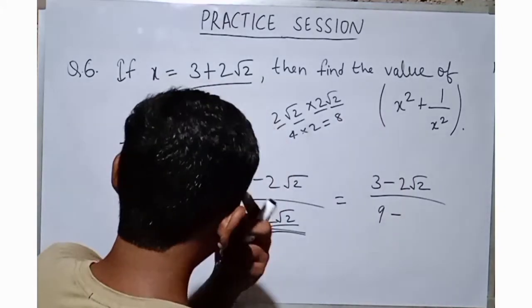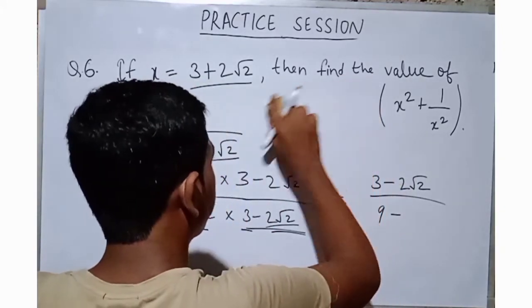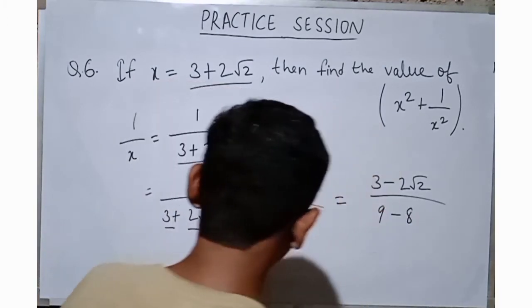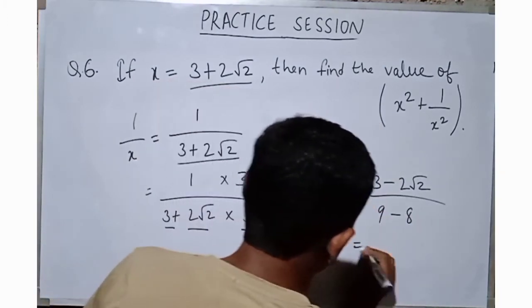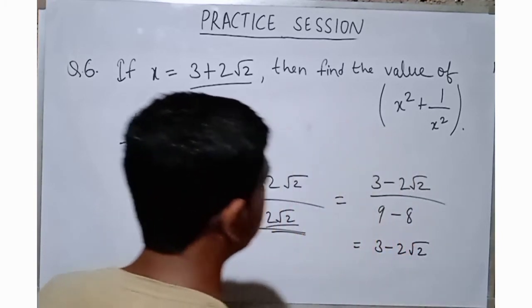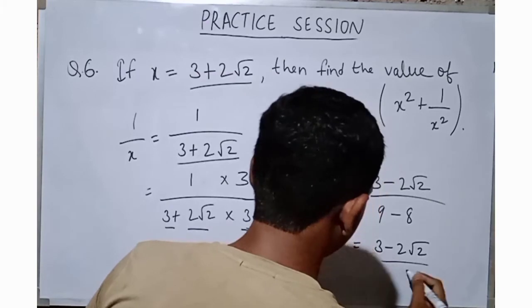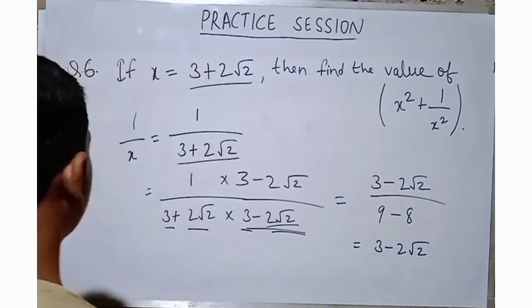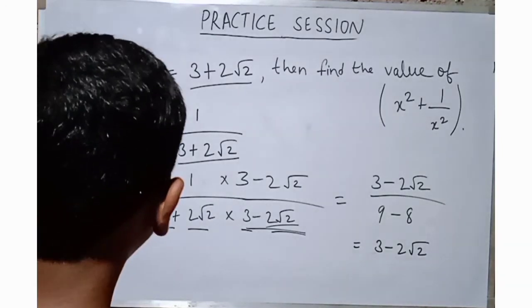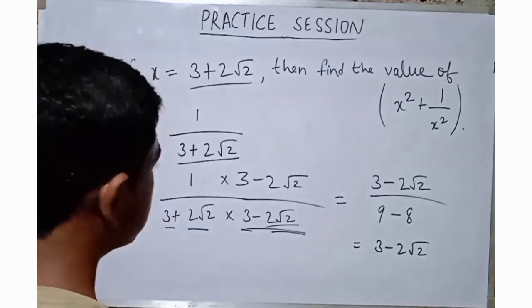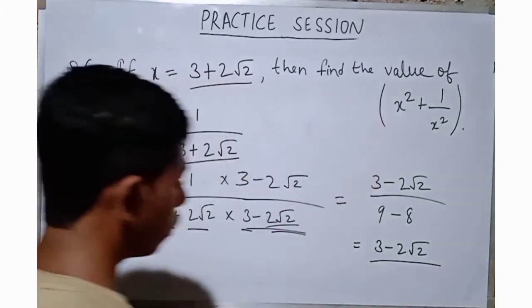Okay, so it will be 3 minus 2 root 2 by 1, so it will be again 3 minus 2 root 2. So the value of x is 3 plus 2 root 2, and the value of 1 by x is 3 minus 2 root 2.